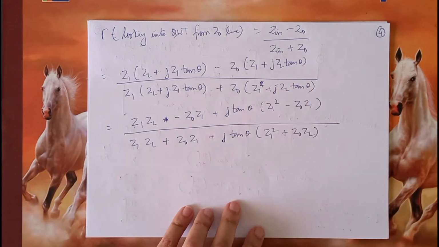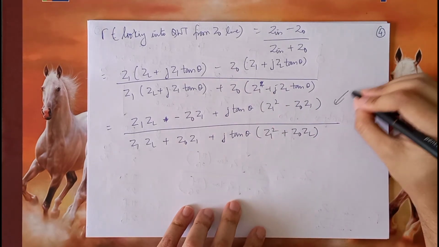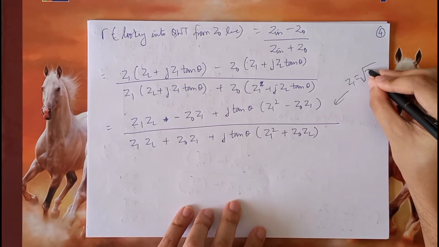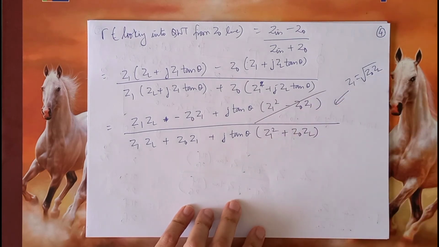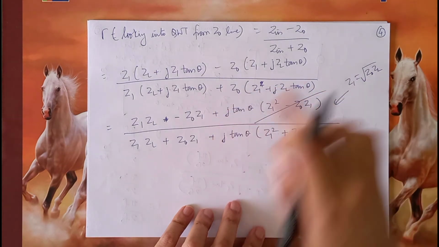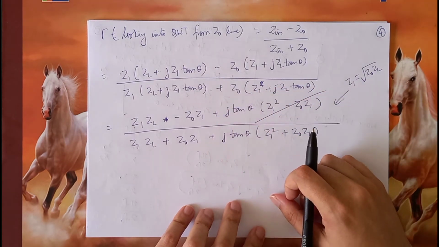Now let us not forget that this is a quarter wave transformer. So therefore Z1 squared is equal to Z0 ZL. So this quantity vanishes. This entire imaginary term from the numerator totally vanishes.